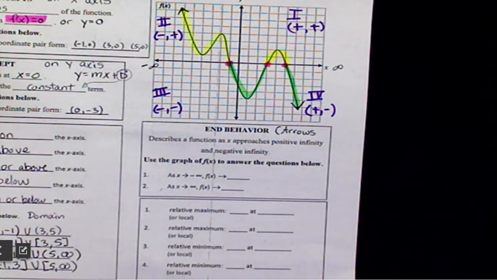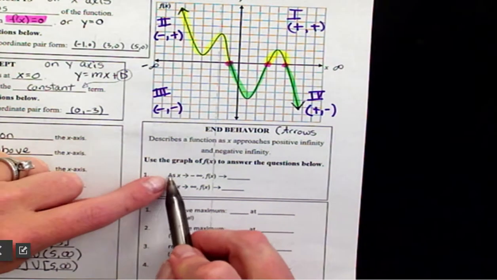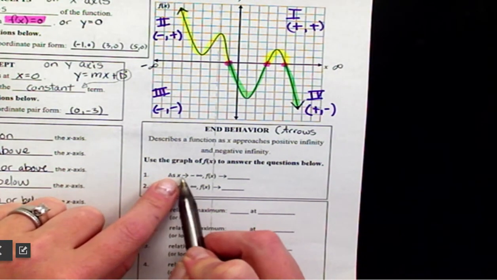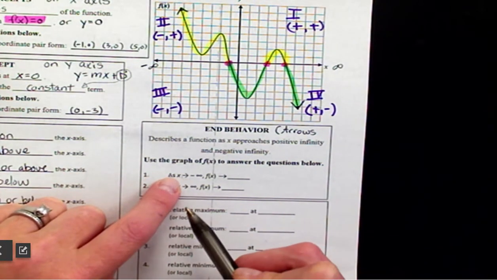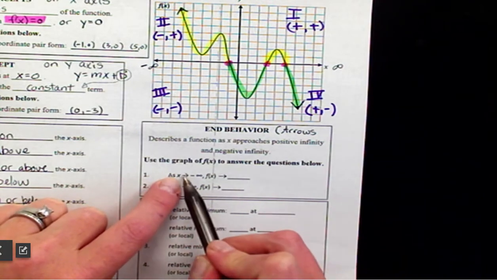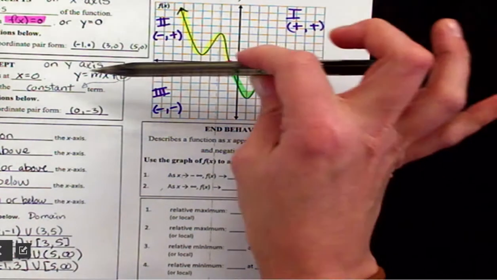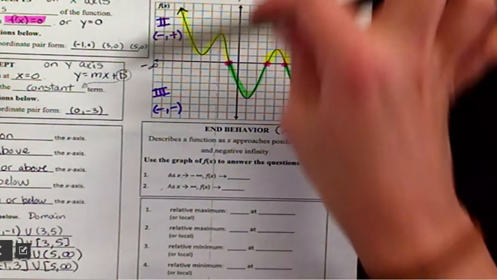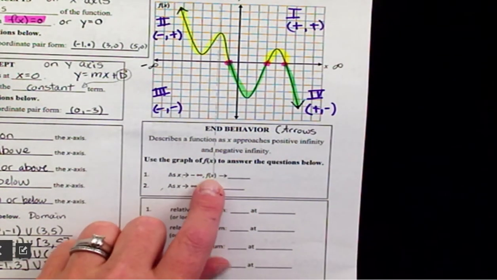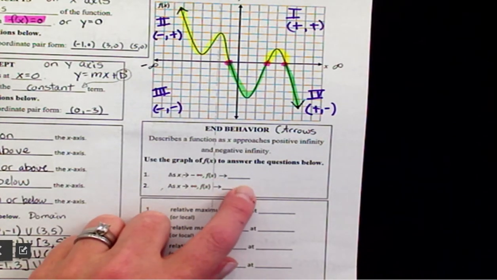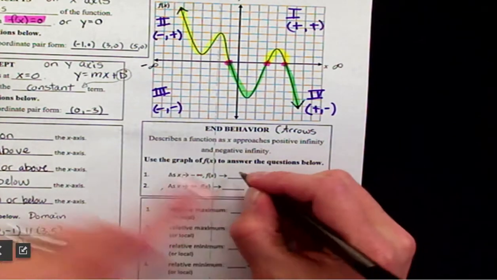So now I need to answer the statement. As x, the arrow, like tells you to look at the arrow, approaches negative infinity, that means as I look to the left side of the graph, f of x, that's y. Where is y pointing? Up. It's pointing up.